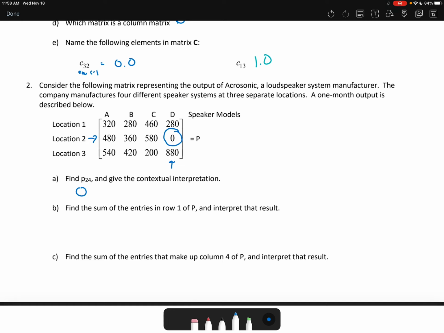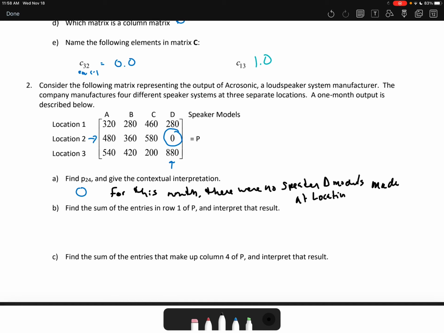So it looks like at location 2, they did not manufacture any Model D speakers this month. So for this month, there were no speaker D models made at location 2.